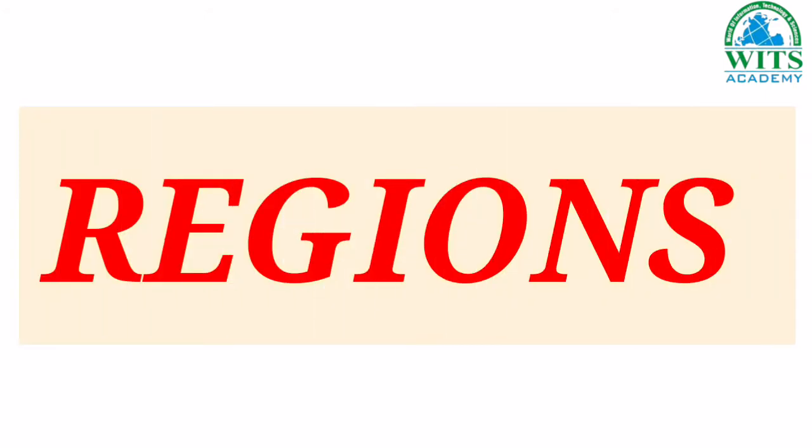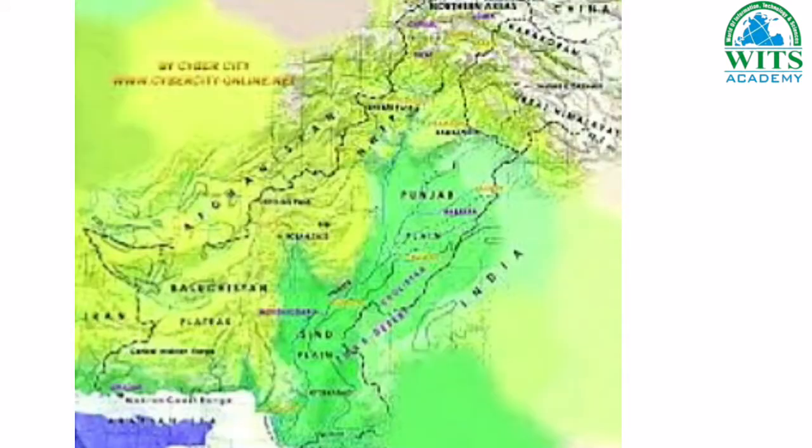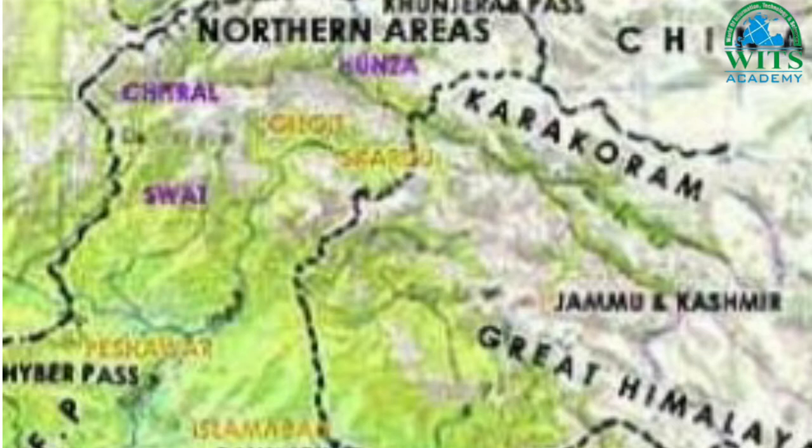Students, do you know the term region? What does it mean? A region is a specific area of land that has common features. It can be defined by natural or artificial features. An area, especially part of a country or the world, having definable characteristics but not always fixed boundaries.